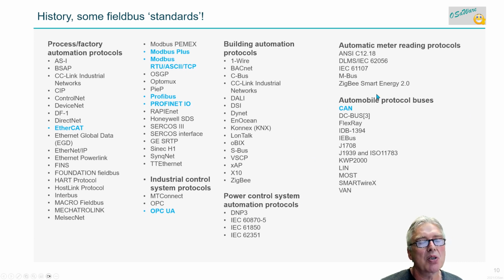Here's the CAN bus, that's for the auto industry, but you can also use it in industry. It came in with the engine suppliers offshore, because they had CAN bus on other engines and used it. And there's a lot of crap here. Here are some for power control systems. This one is awful, but you need to use it. It's too bad, but most of this should quietly die.